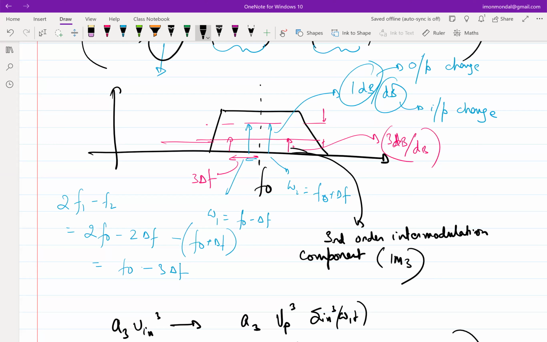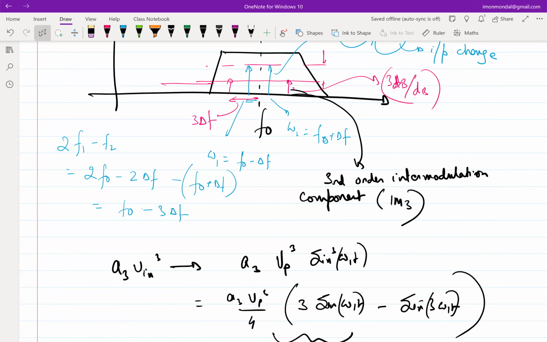Sometimes, if you look at papers or textbooks, you will see it referred to as input IM3 or output IM3, right? When we say input IM3, it essentially means that everything is happening at the output, that we understand. But just like input referred noise, we would like to understand what is the input referred intermodulation component.